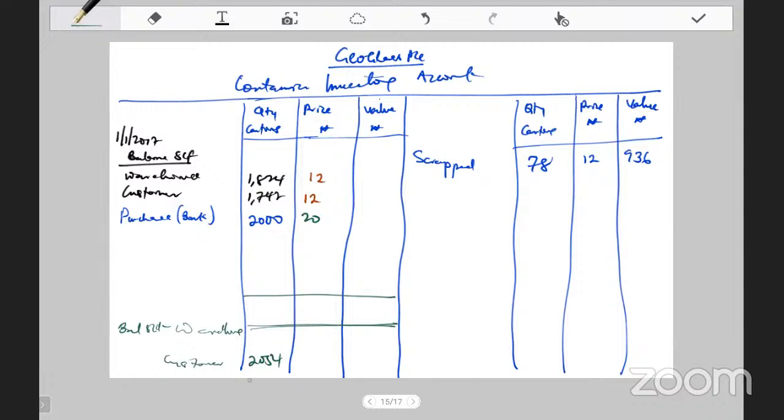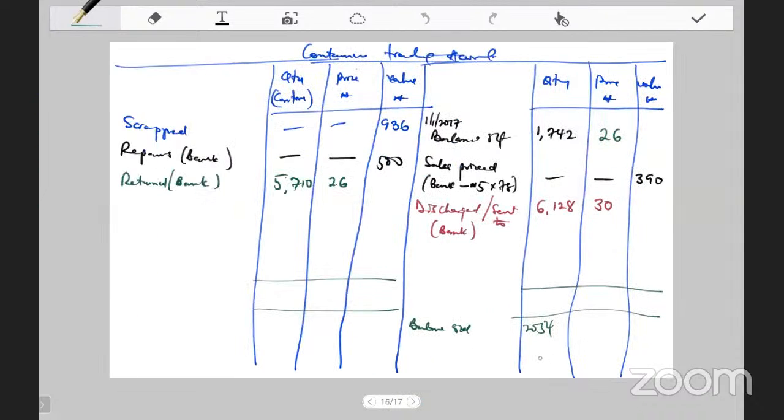So it's a debit balance in the inventory, and it will be a credit balance in the hands of the customer. So the balance carried down, expected in the hands of the customer, is 2,054, and it's going to be at their returnable price.